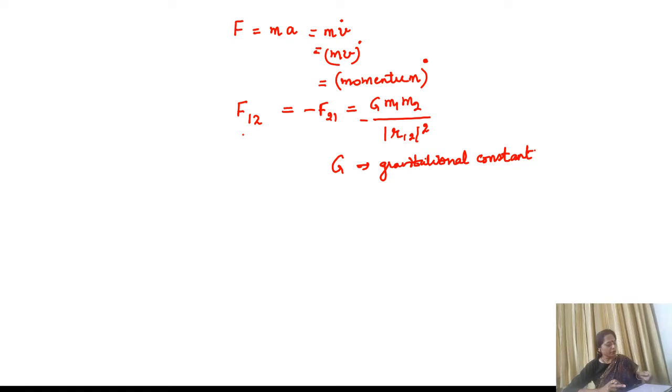So this is a very important law known as the universal law of gravitation, which provided the way how the forces will work between the two bodies. So these four laws finally became the base of the mechanics, which is known as classical mechanics.